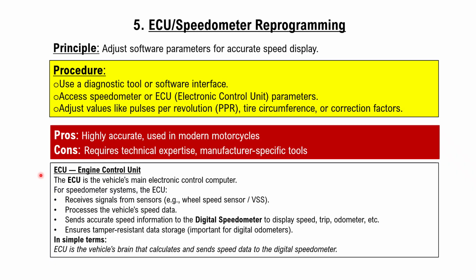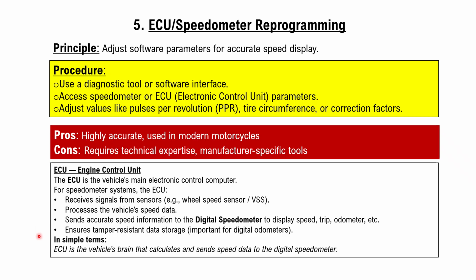Here, ECU means Engine Control Unit. The ECU is the vehicle's main electronic control computer. For speedometer systems, the ECU receives signals from sensors, for example, the wheel speed sensor, VSS, processes the vehicle speed data, and sends accurate speed information to the digital speedometer to display speed, trip, odometer, etc. It ensures tamper-resistant data storage, which is important for digital odometers.